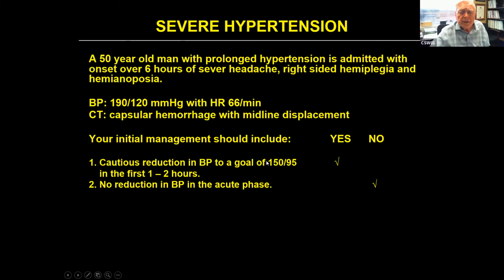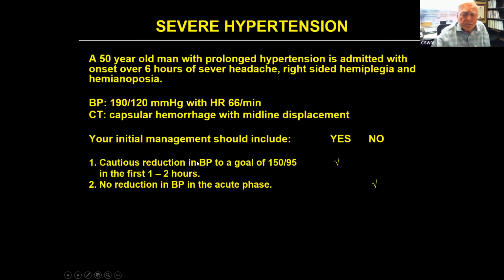So here we have that patient then, without going over it again. So cautious reduction in blood pressure to a goal of 150/95 in the first 1 to 2 hours, that's reasonable. And no reduction in blood pressure in the acute phase, no, because you've got to lower the pressure and stop the pressure head of blood that's jetting the blood through the ruptured artery into the brain.